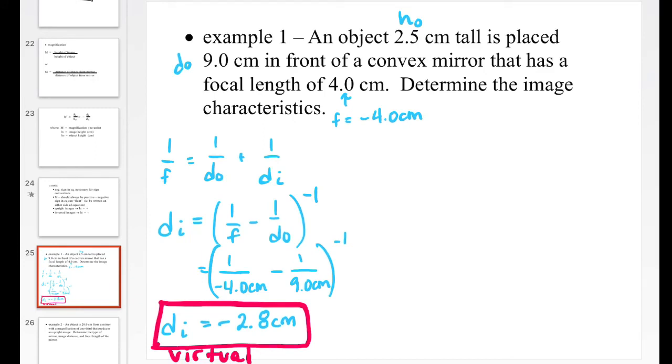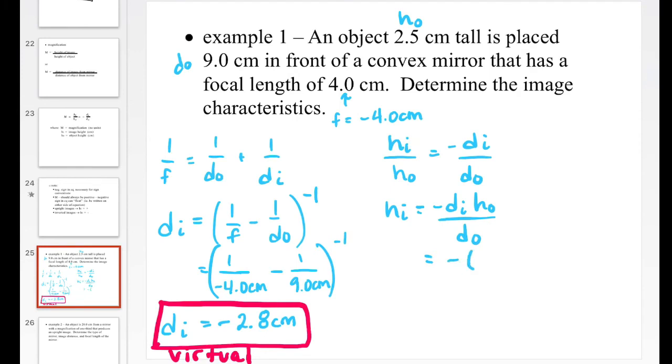In this case, again, I don't really care about magnification, so I'm going to use these two parts of that three-part equation that we got. If we're looking for the height of the image, that should be negative DI times HO divided by DO, which we got all those.